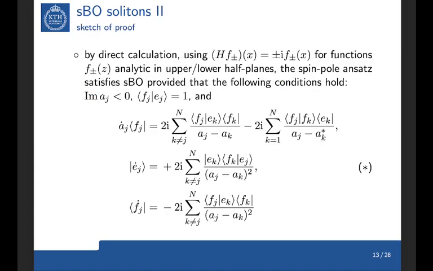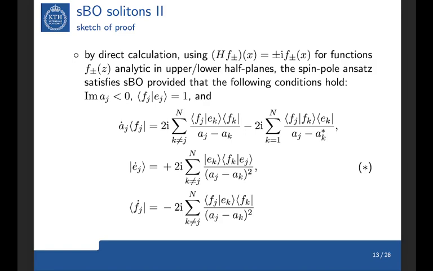So how to prove this? Well, it's mostly by direct calculation using a Bäcklund transformation for the spin-CM system, which was already known. In addition, we use some standard arguments concerning existence and uniqueness for ordinary differential equations. But the first step is just direct calculation, using the fact that the Hilbert transform has as eigenfunctions the boundary values of those functions that are analytic in the upper or lower half planes.